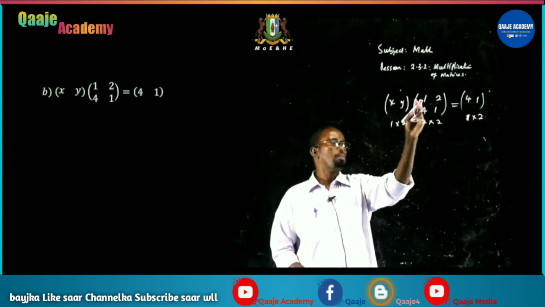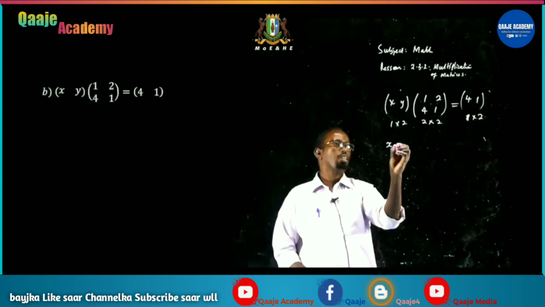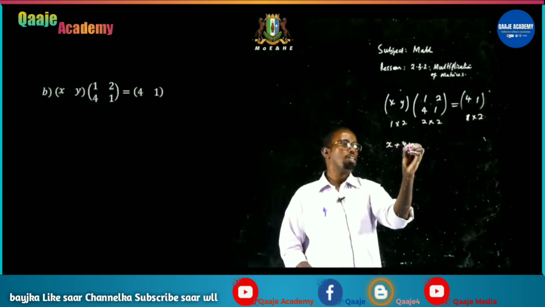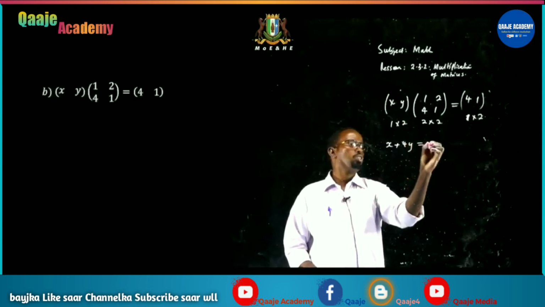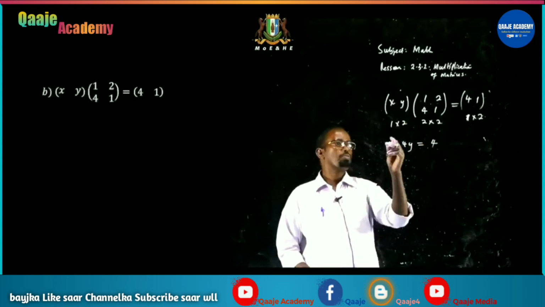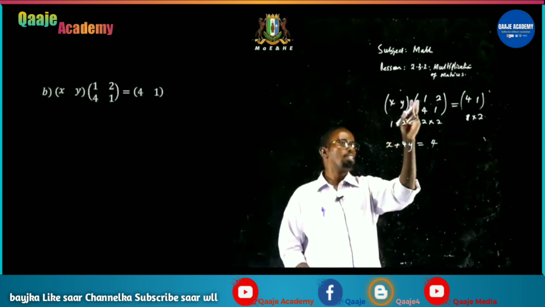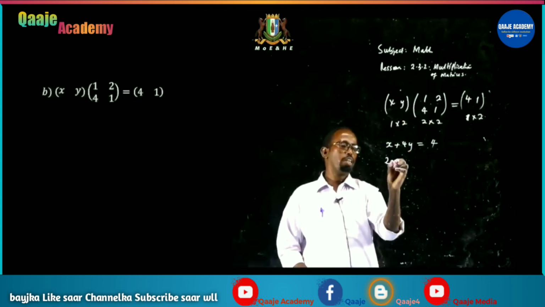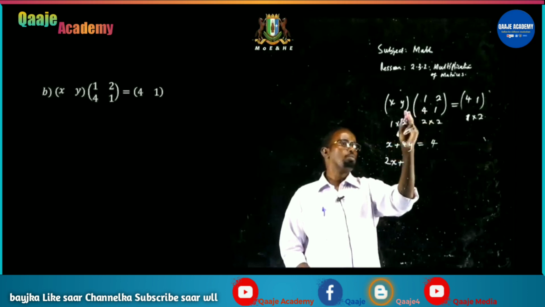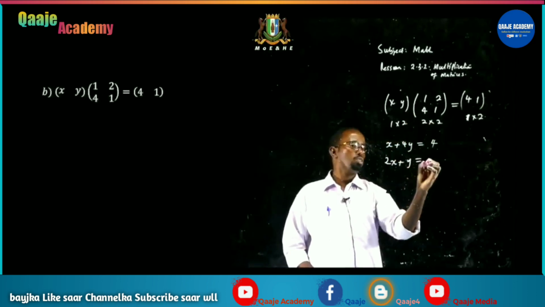So x times 1 is x, y times 4 is 4y, 4y corresponds to 4. Then the next one is x times 2, that is 2x, y times 1 is y, is equal to 1.